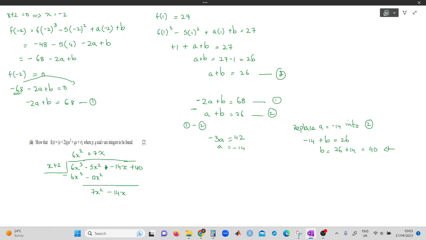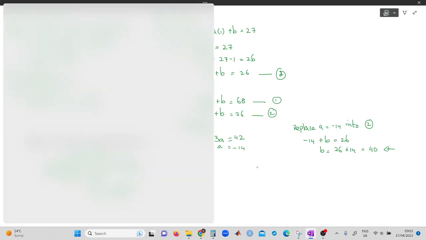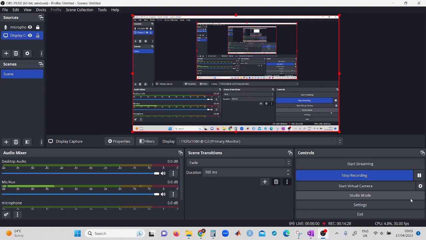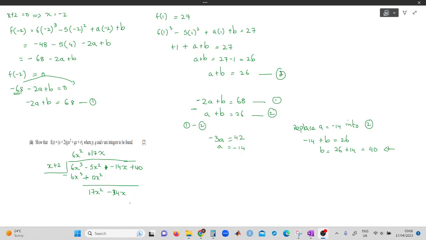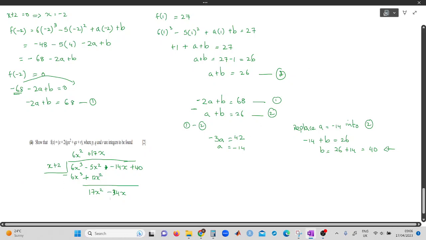Est-ce que d'accord? There's a mistake here. 6x cubed minus 5x. Yes, this is correct. Ok. Donc ici, it was a plus. Parce que pourquoi? 6 multiplié par 2, ça me fait plus 12.